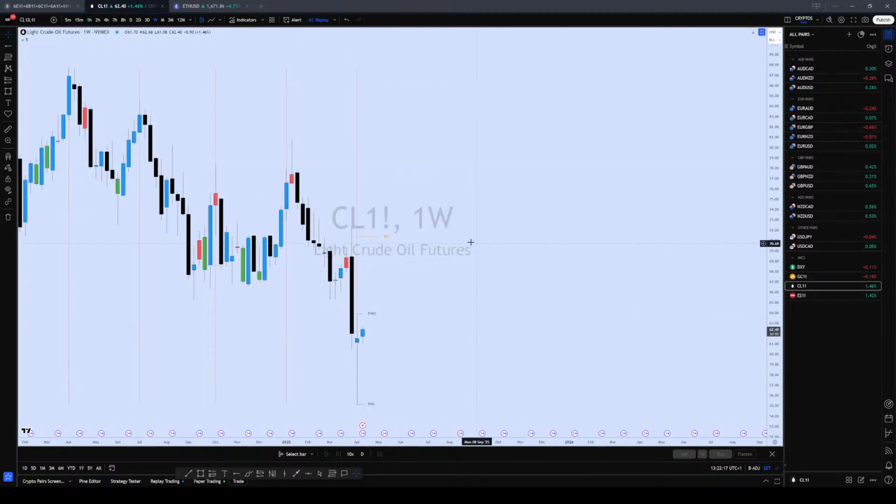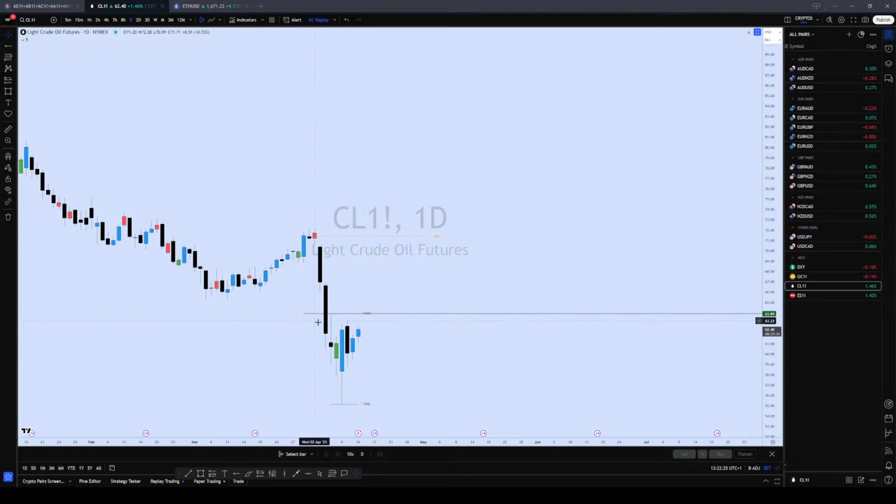Crude oil, with how last week closed, we're expecting them to go and attack the previous week high into this gap here. Now it can trade a little bit higher to 50%. I think they're already at 50%.